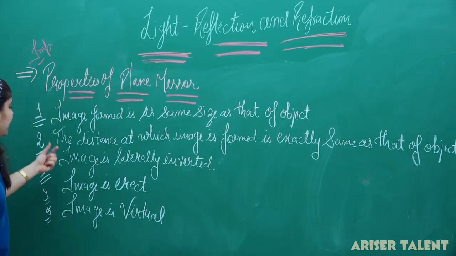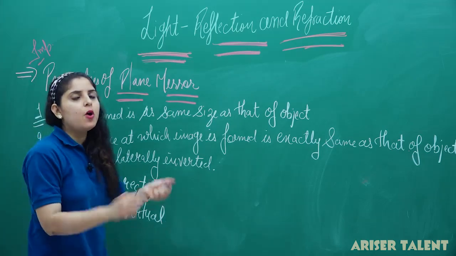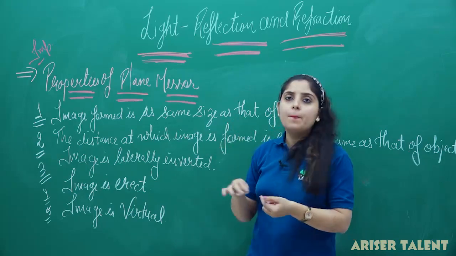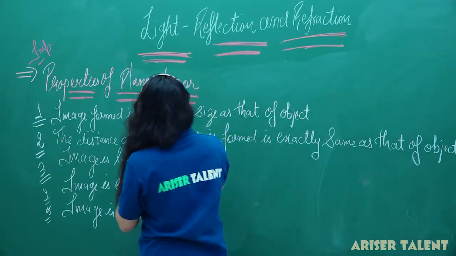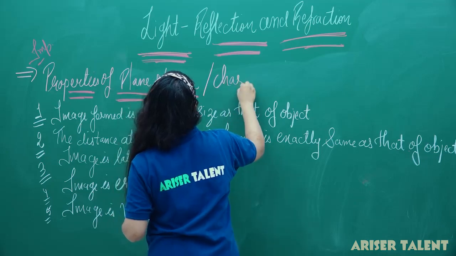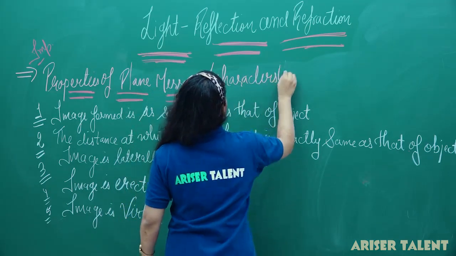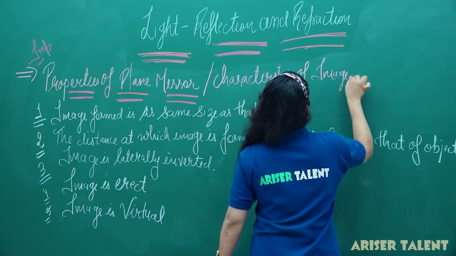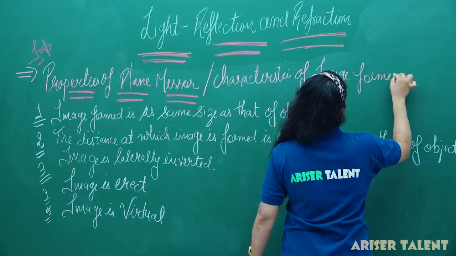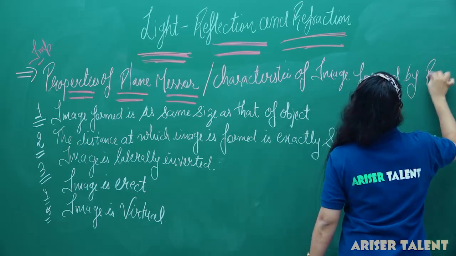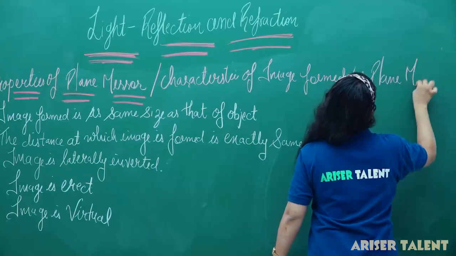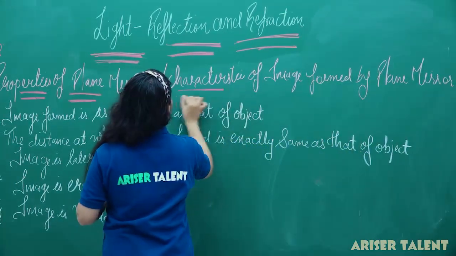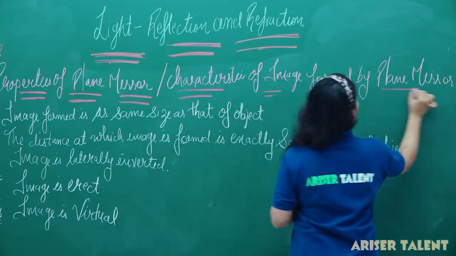So, you can see that these are the properties of the plane mirror, or we can also say that these are the characteristics of the image formed by the plane mirror. So, we can also write here that these are actually the characteristics of image. So, these properties or characteristics can be asked in two ways we have.